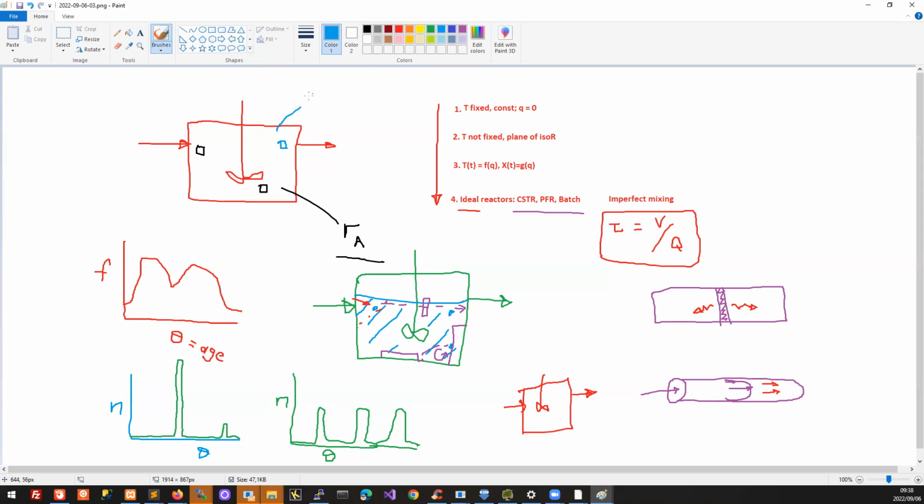So resulting from the age distribution, we achieve a certain overall conversion. I'm going to emphasize that this is the overall conversion with this overbar. So the overall conversion X is influenced by the individual conversions from each of the fluid elements. So perhaps we can't see the link completely as yet, but we will find that age distribution is a useful way to deal with imperfect mixing. Okay, any questions or comments on any of that so far?